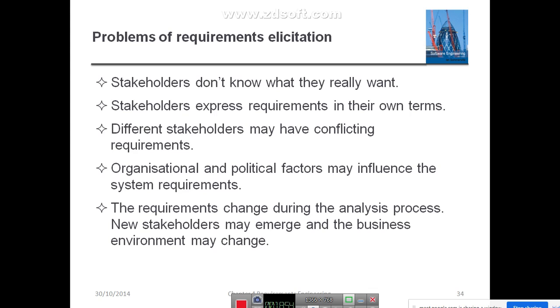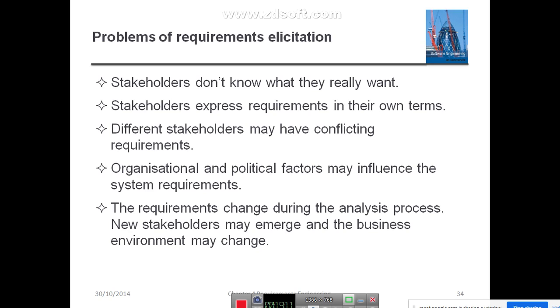Before studying all these 4 stages, first we will write what all the problems are with respect to this requirement illustration. The stakeholders don't know what they really want.